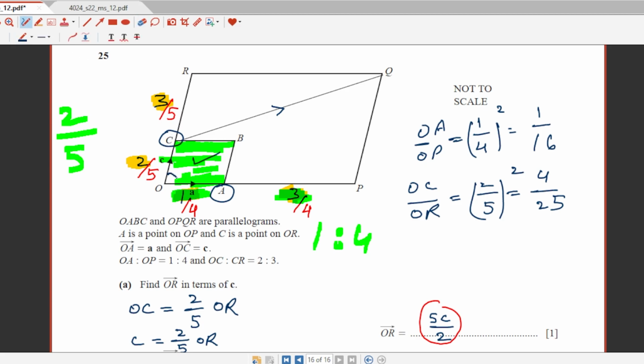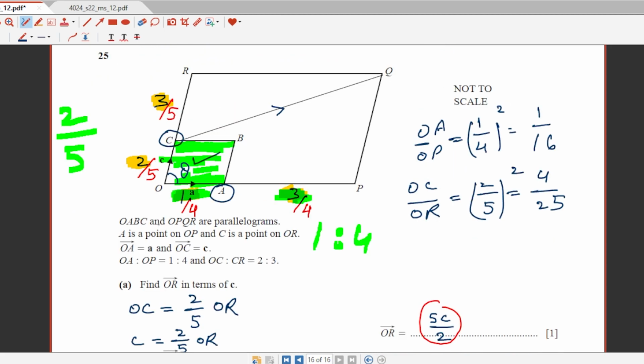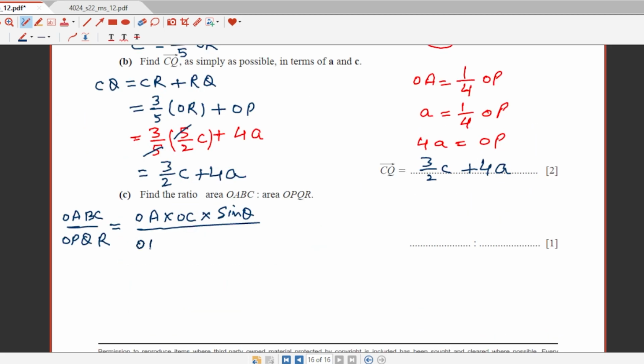Theta is represented by this angle. Theta is not given, but this will be cancelled out. Area of OPQR can be found by OP times OR times sine theta. Sine theta will be cancelled out.